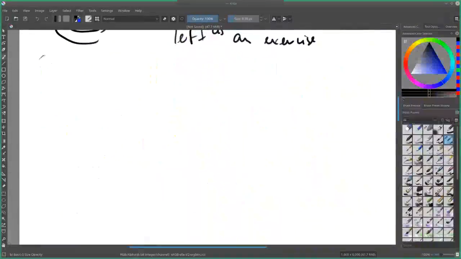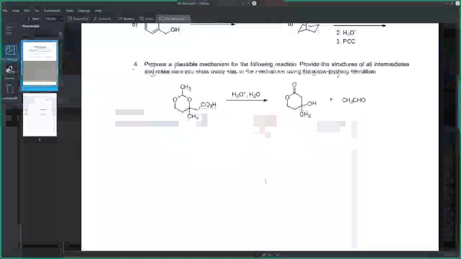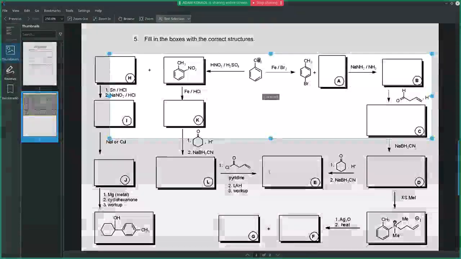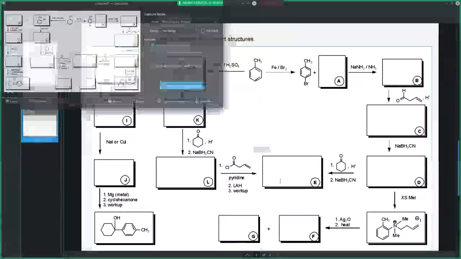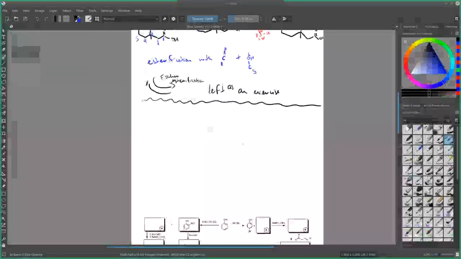And now we'll finish off with problem 5. Oh man. Yeah, okay. Problem 5 is a real fun one. So let's copy this. Where'd it go? There it is. Okay. And where's my mouse?